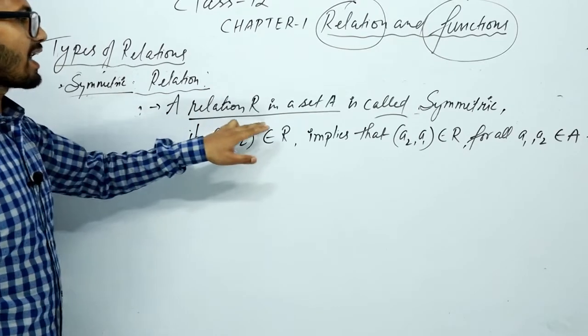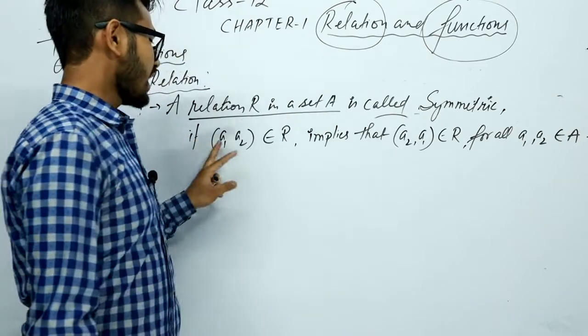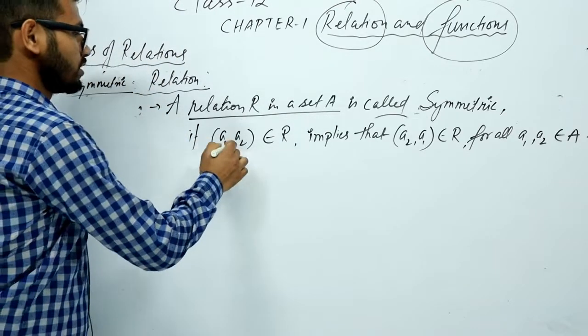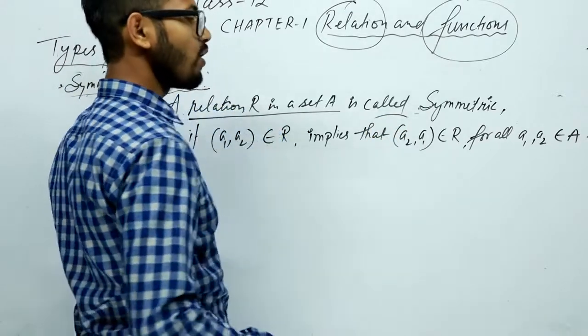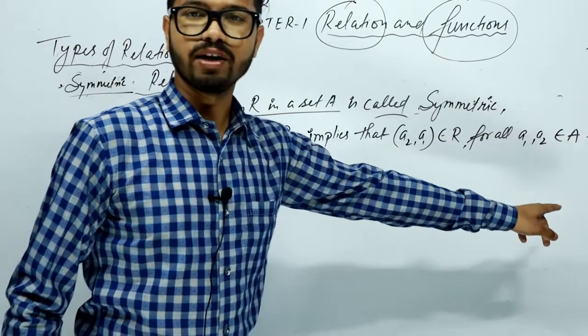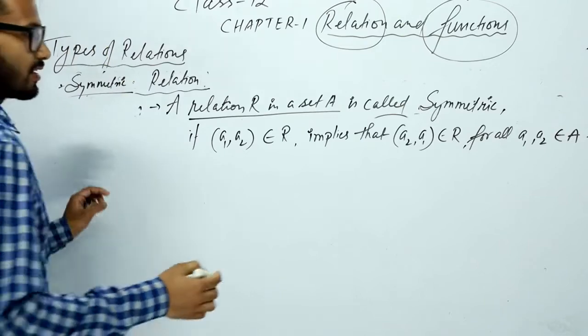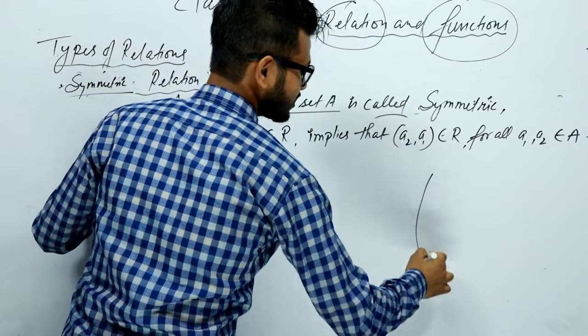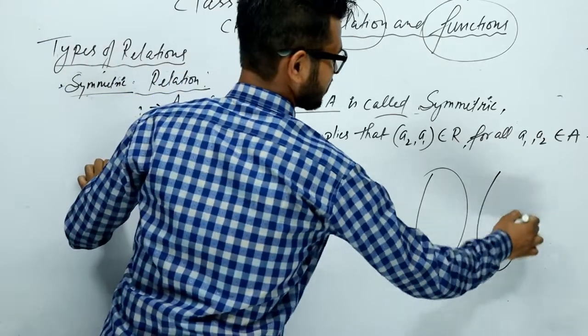A relation R in a set A is called symmetric if (A1, A2) belongs to R implies that (A2, A1) also belongs to R, for all A1, A2 belonging to A. Let me make you understand it. The reverse is also present in the same relation. It's called a symmetric relation.